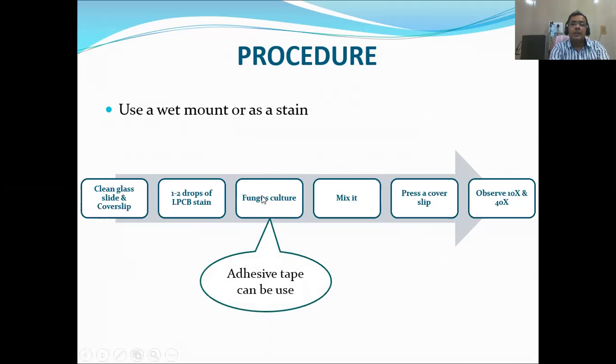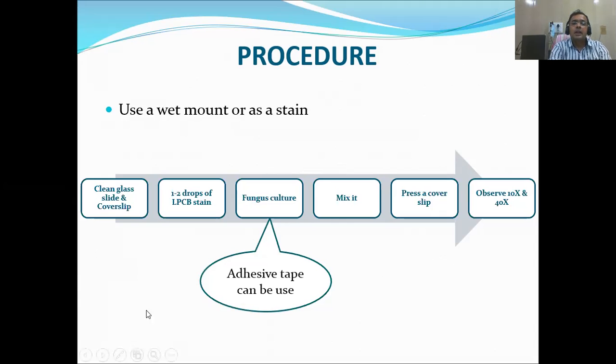Now sometimes there is a procedure where we can use adhesive tape, by which we can take up the fungi and put it over a drop of lactophenol cotton blue. Over this adhesive tape you can put one more drop of lactophenol cotton blue and put up the cover slip, or you can directly go for observation without putting a cover slip.